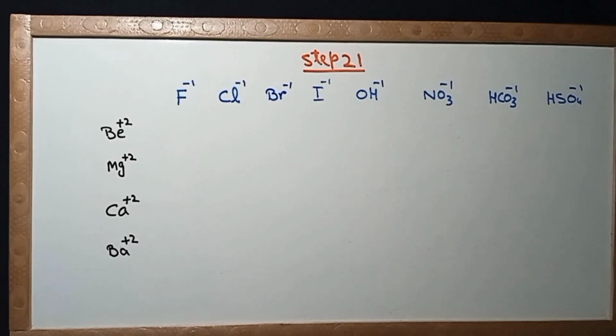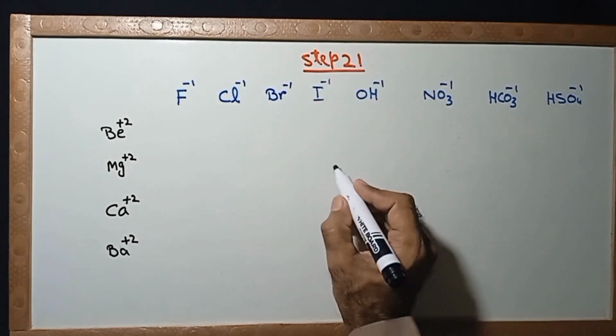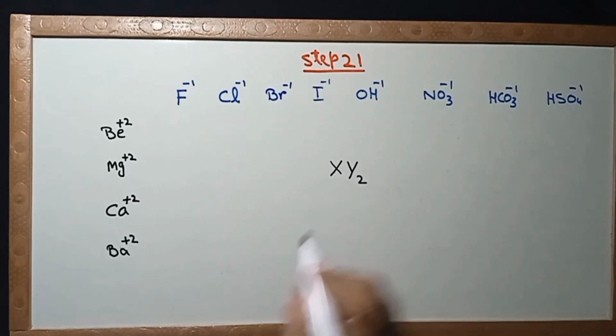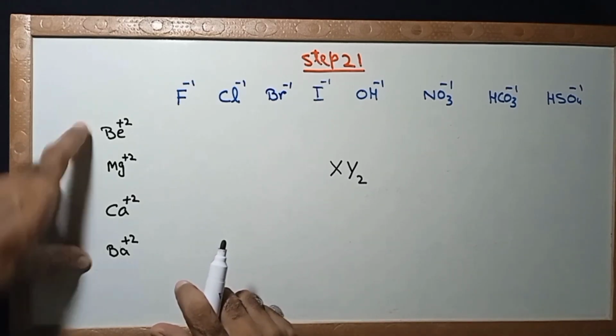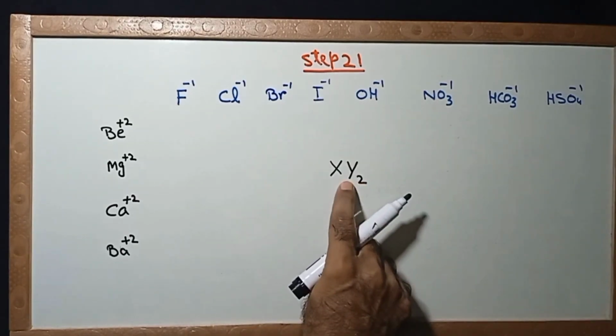Okay students, now we are starting our step 2.1, and you know the general formula of step 2.1, that is XY2. Here cations are X and the anions are Y with suffix 2.